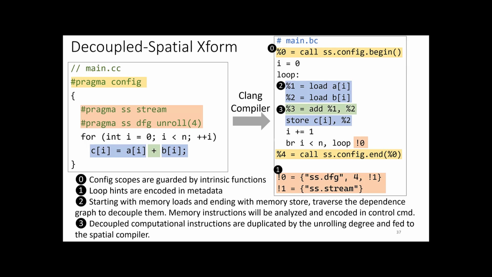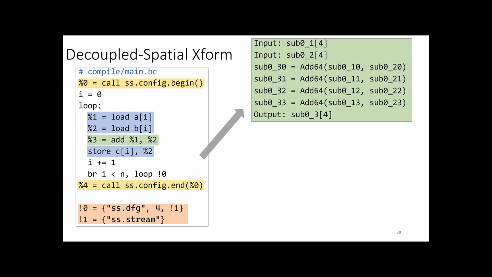The computation instructions among this graph will be extracted and duplicated according to the unrolling degree. Here it's 4, so duplicated by 4, generating a data dependence graph, and this graph will be fed to the spatial compiler.